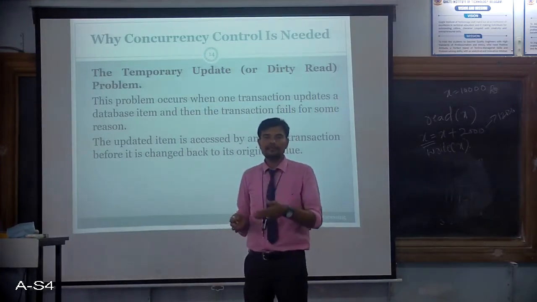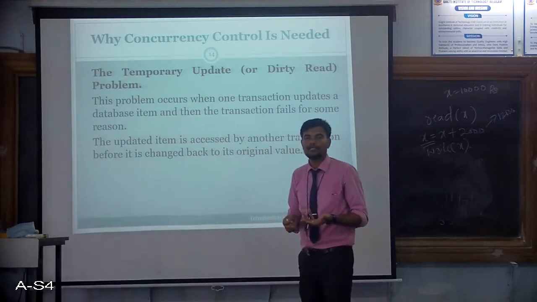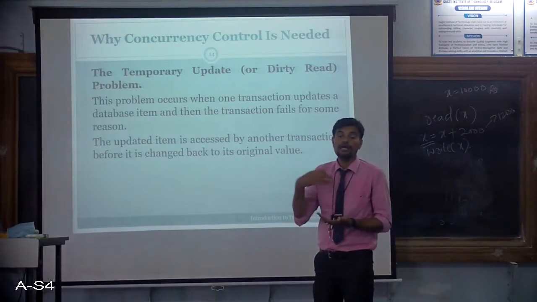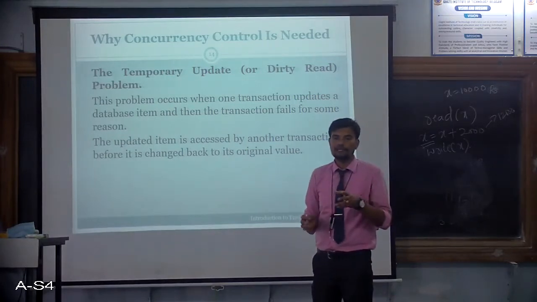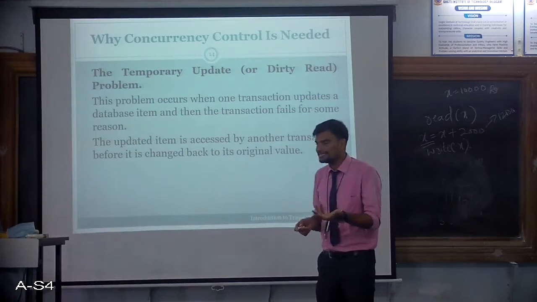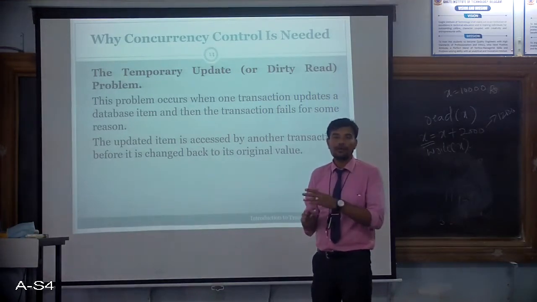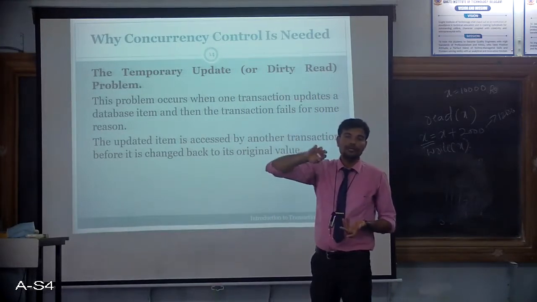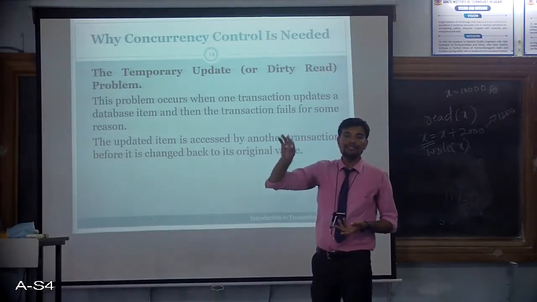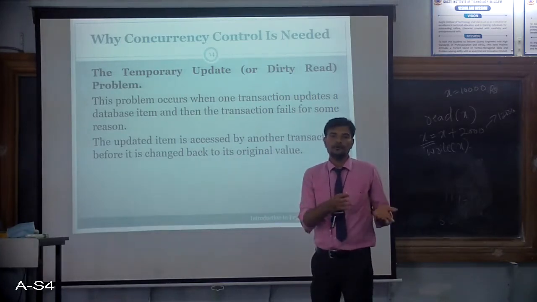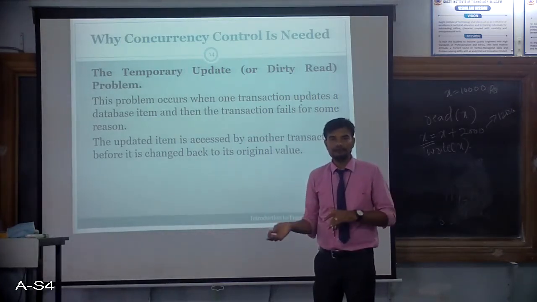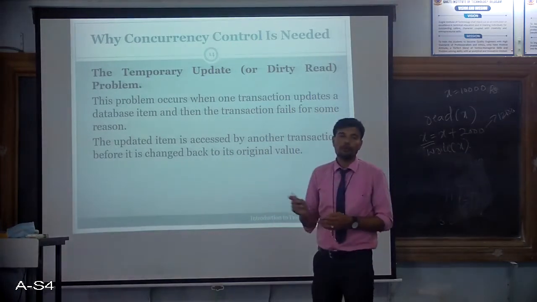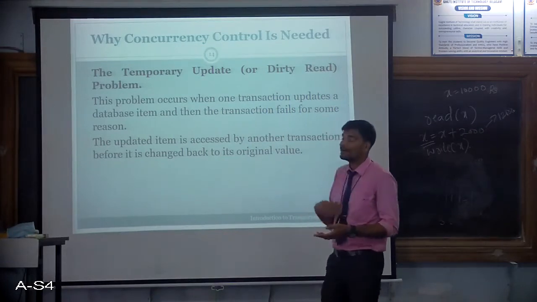After that, while transaction T1 is executing, a failure occurs, or the transaction T1 fails, and it has not yet committed. So it is rolling back to its original value. But transaction T2 has already read the value from transaction T1, which no longer exists. So this kind of problem is called the temporary update or dirty read problem.